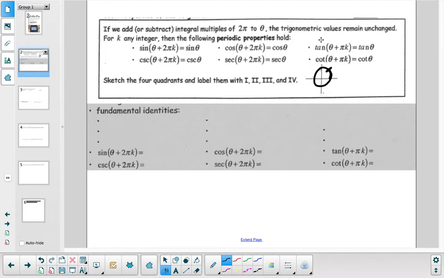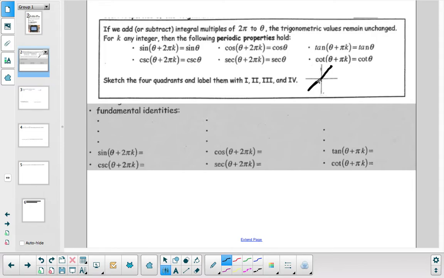The only trig functions that are different, the period of tan and cotangent, are pi. And that is because, say for tangent, this value and this value of tangent are the same thing because they're on the same line. So they have the same slope.